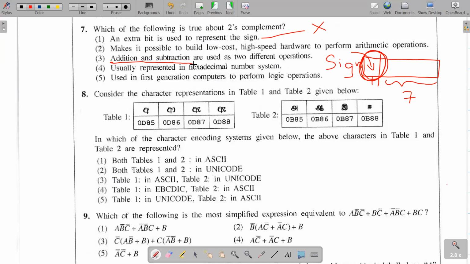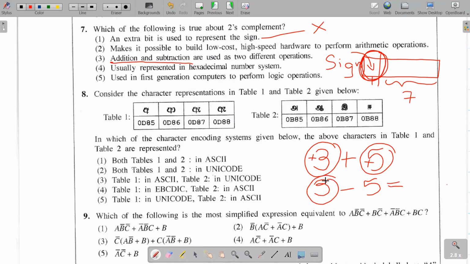Right now, if you are asked to calculate 3 plus 5, what it does is 3 will be converted into 2's complement, 5 will be converted into 2's complement, which are the positive values, and add them together. Right? If you are asked to perform 3 minus 5, then what will happen?